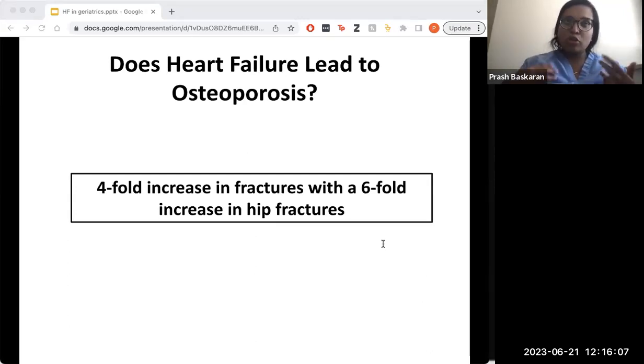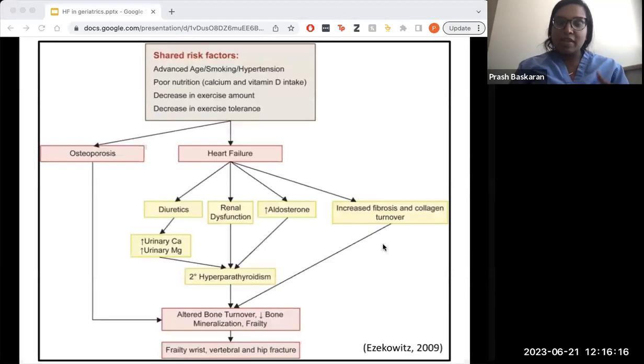So is there an actual objective link between the two processes, or it's just passive because they're both seen in the aging population? There are some thought processes behind the physiology of this, and that's outlined here. Obviously, they both share similar risk factors: aging, low bone density, low exercise capacity, and tolerance.